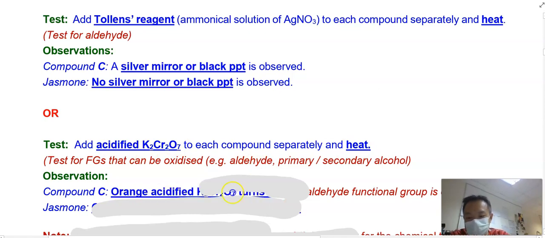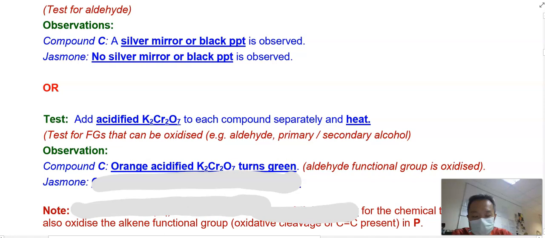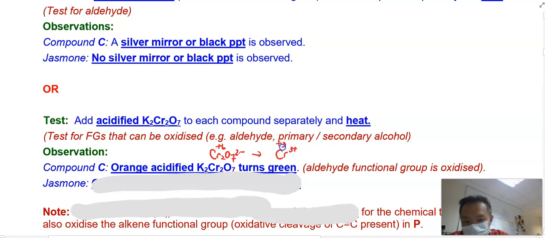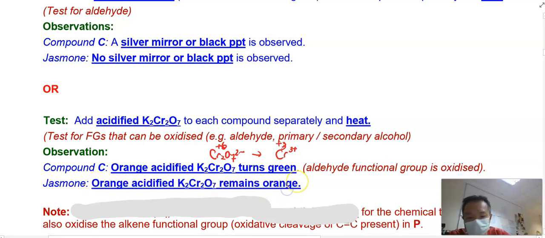For compound C, the orange acidified potassium dichromate will turn green. The aldehyde functional group is oxidized, whereas the dichromate, Cr2O7 2-, in the +6 oxidation state becomes Cr3+. So dichromate is reduced to +3, whereas for Jasmine the potassium dichromate will remain orange because there's no oxidation.